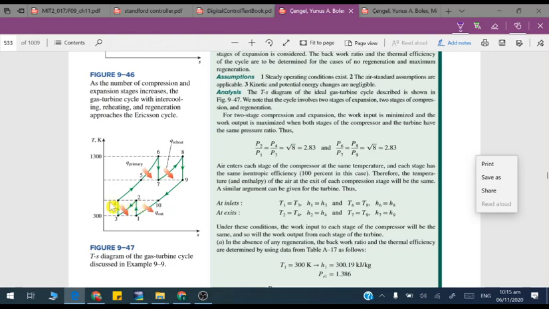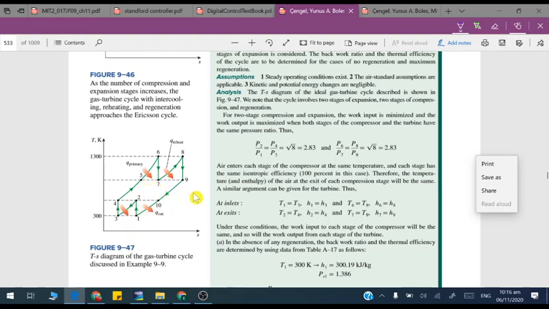T2 and T4 will be the same because the pressure ratio here is the same. After that T6 and T8 you know, T7, T9 you can find. And when I'm saying you can find T1, T2, it means you can also determine H1, H2, H3, H4. You can also determine the enthalpies at these points.